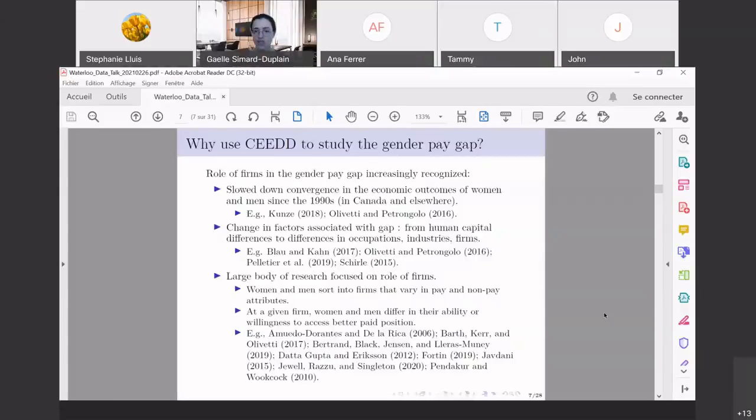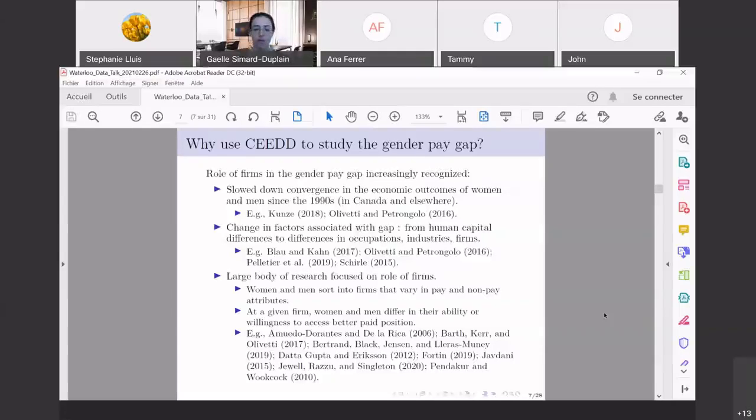And generally, you could divide it in two strands of literature. So there's research that has looked at the way women and men sort differently into higher paying firms. So in the paper, we're going to link that to something we can measure, and we're going to call that the sorting effect. And then within a given firm, you can have differences in women's both ability and willingness to access better paid positions.